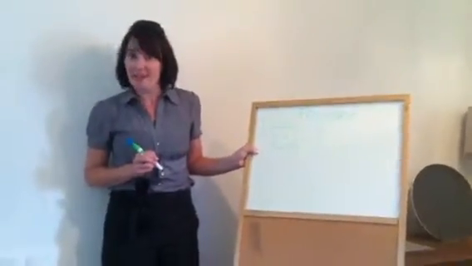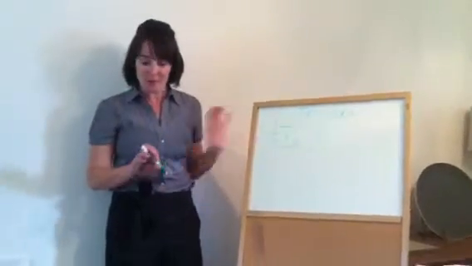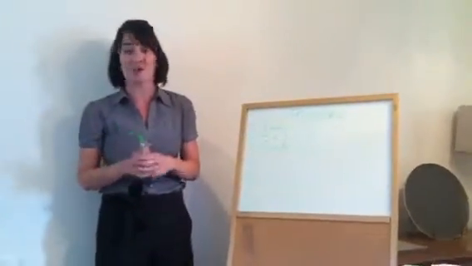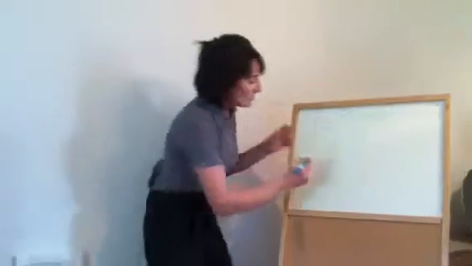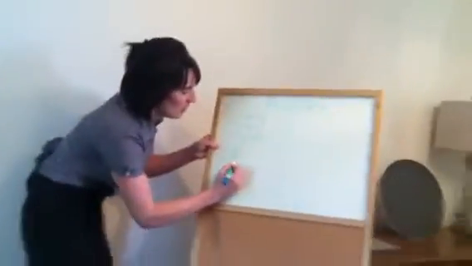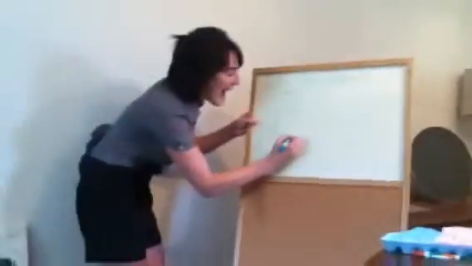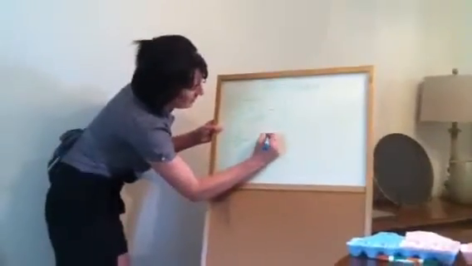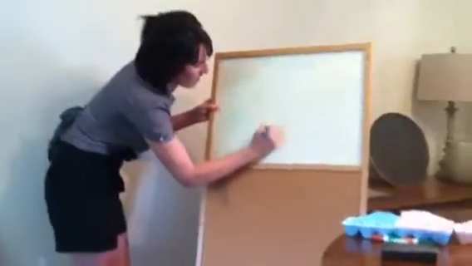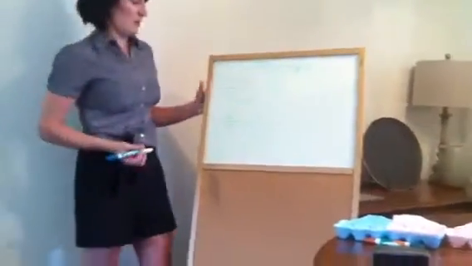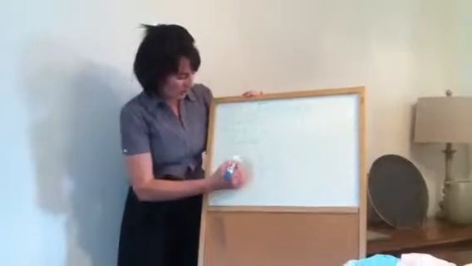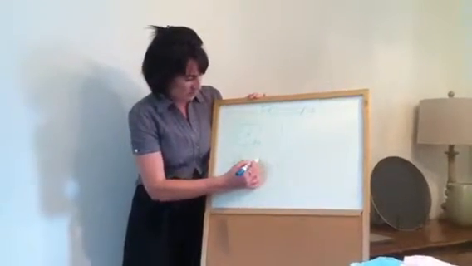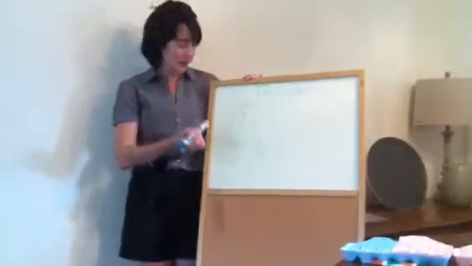We're going to do one more problem, and then I'm going to teach you a song to help you remember these rules. Let's try 2/5 times 2/4 equals. So what are we going to do first? Multiply the top. Yes, very good.